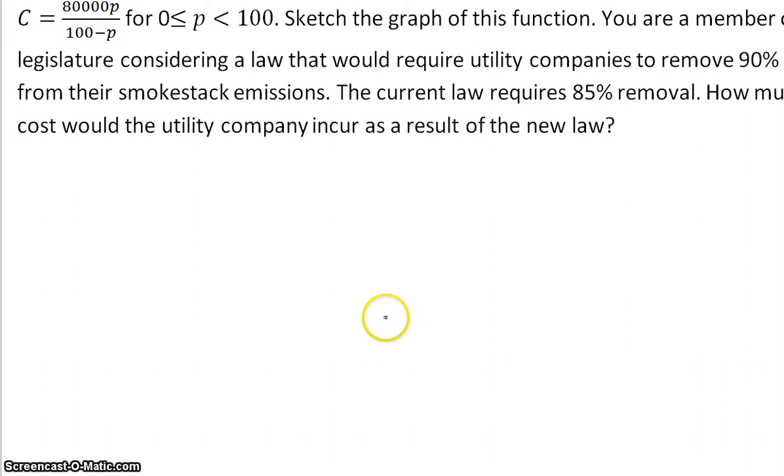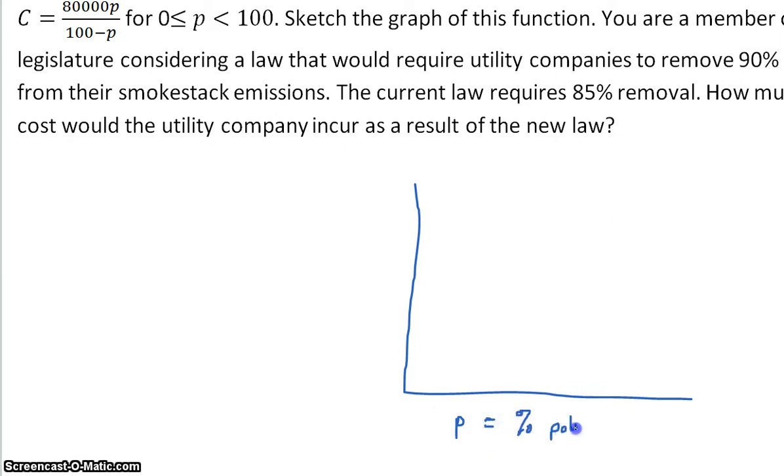So what we have here, if we're going to sketch a graph, we have this axis of P, which is percent of your pollutants, and then your C, which is cost.